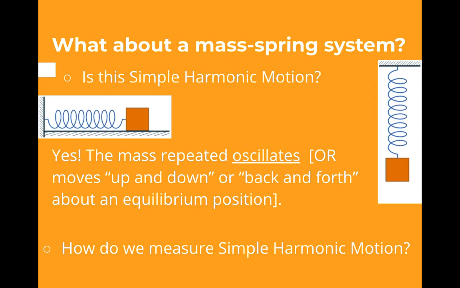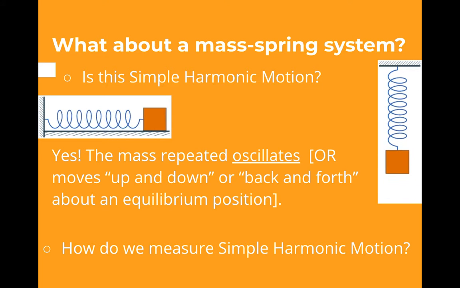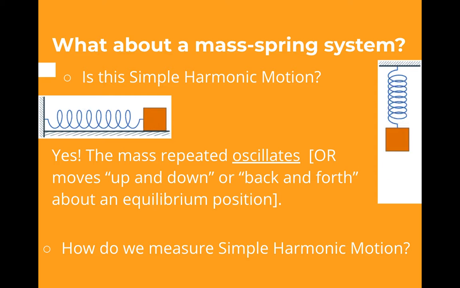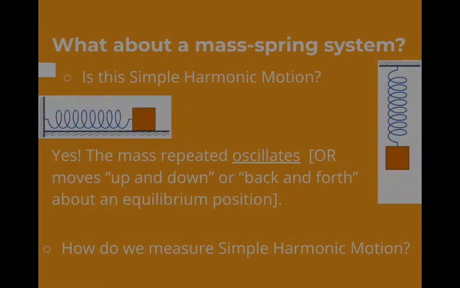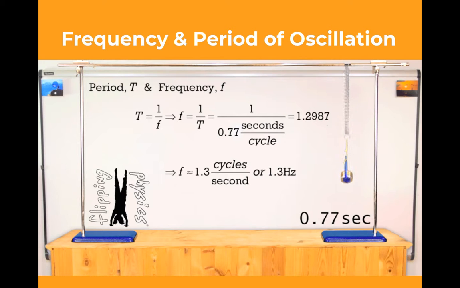If we were to attach a spring to one of the supports in the back of the room at a lab table, from that spring we then attach a mass. We stretch the mass by 2.5 centimeters, and then we release it. As you can see on the right-hand side, it's going to oscillate, move up and down about an equilibrium position.